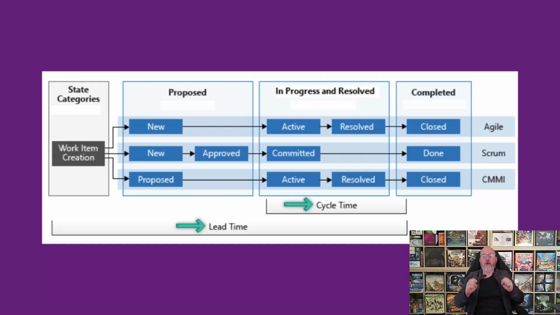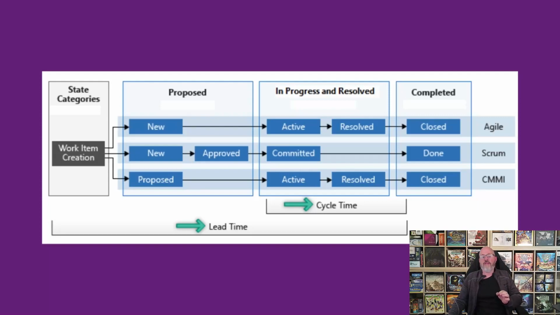Azure DevOps has a whole bunch of Agile planning tools, and the fundamental basis upon which they work is that you have a proposed state. That's things that we're not working on yet. When things get added to the system, you'll see that the lead time timer starts, but the cycle time timer doesn't.